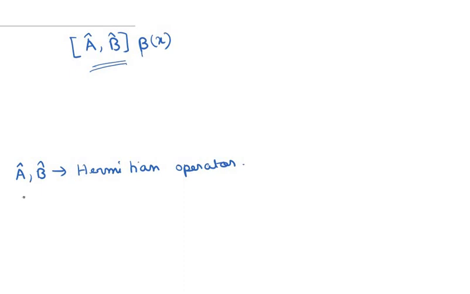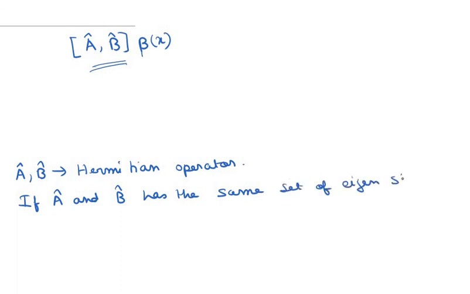Our intention is to prove that if operator a and operator b have the same set of eigenstates, then their commutator is basically 0. This is what we want to prove.